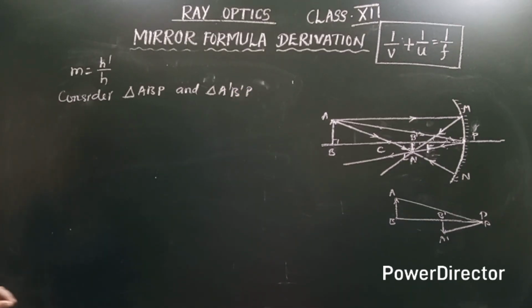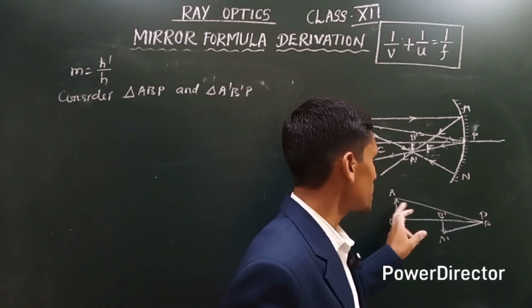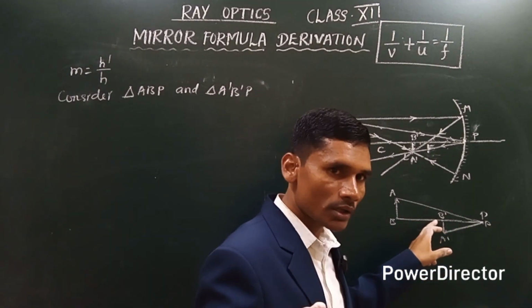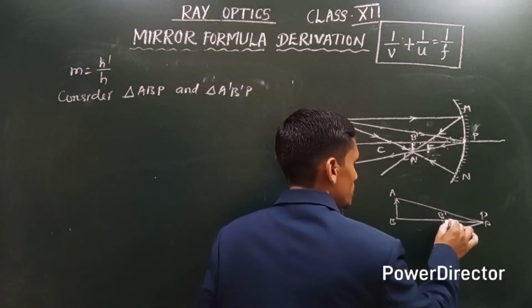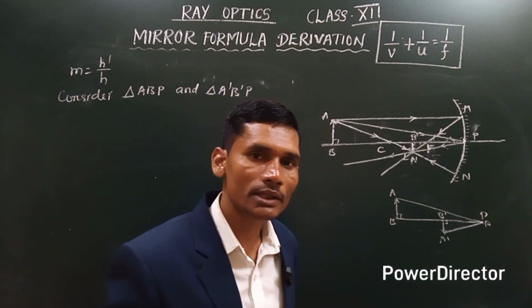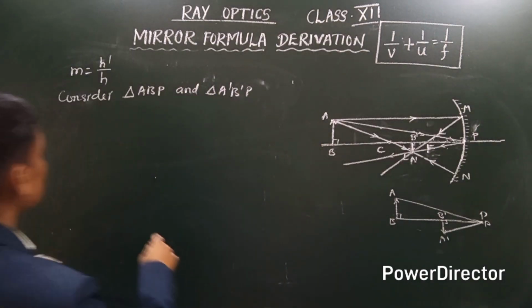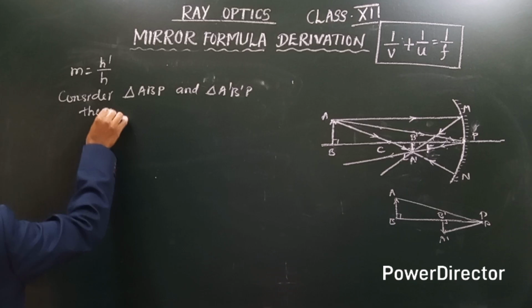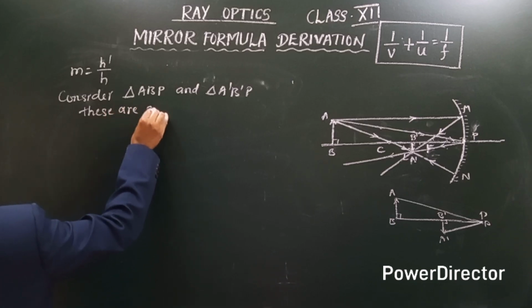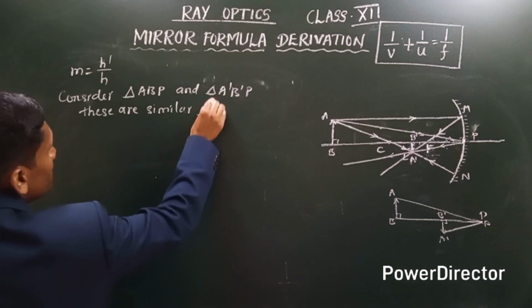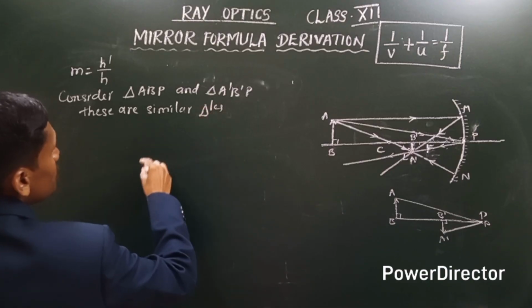Both angles are equal: angle APB and angle A dash P B dash are equal, and these two right angles are also equal, and the third angle will also be equal. Then they are similar triangles. So these are similar triangles.